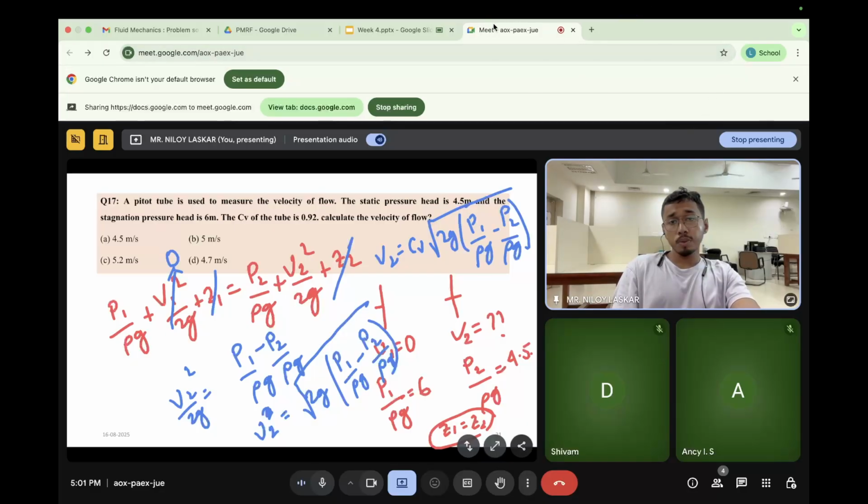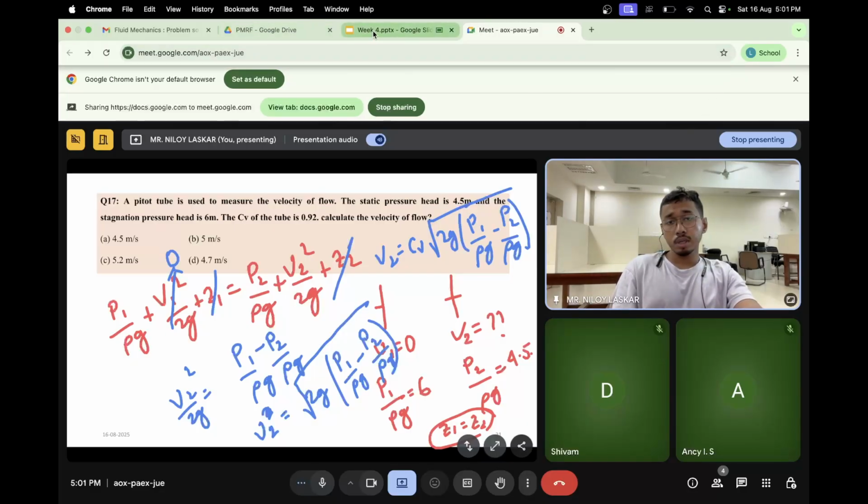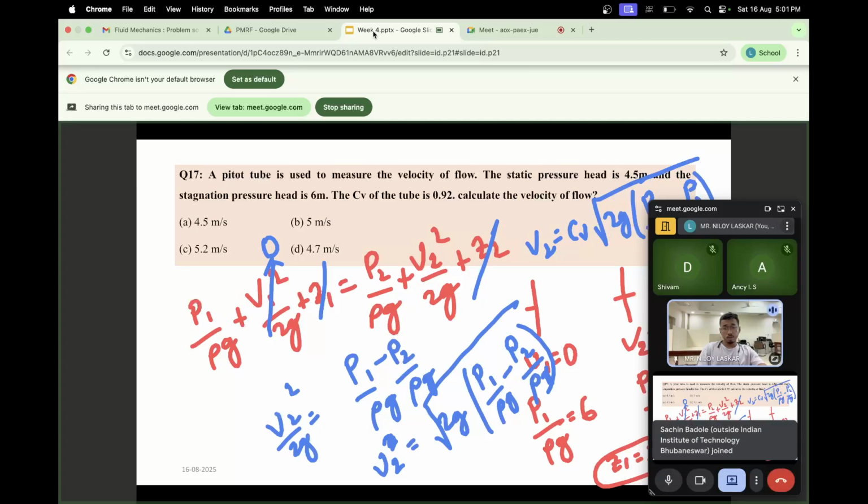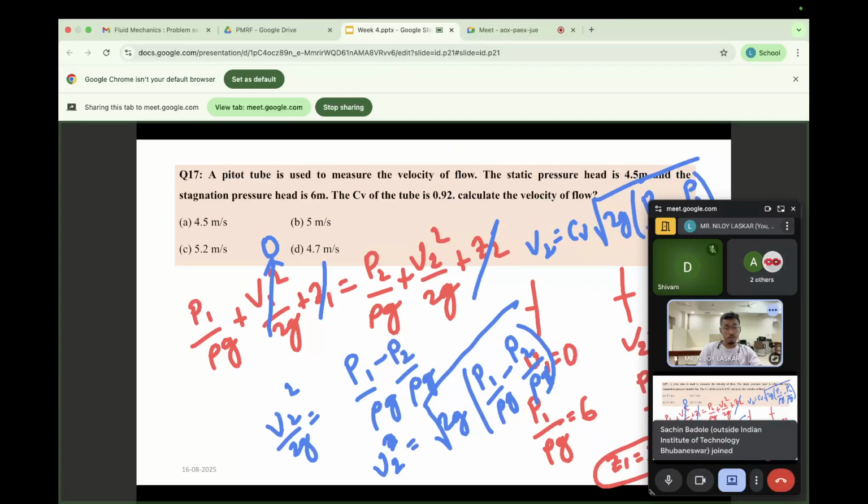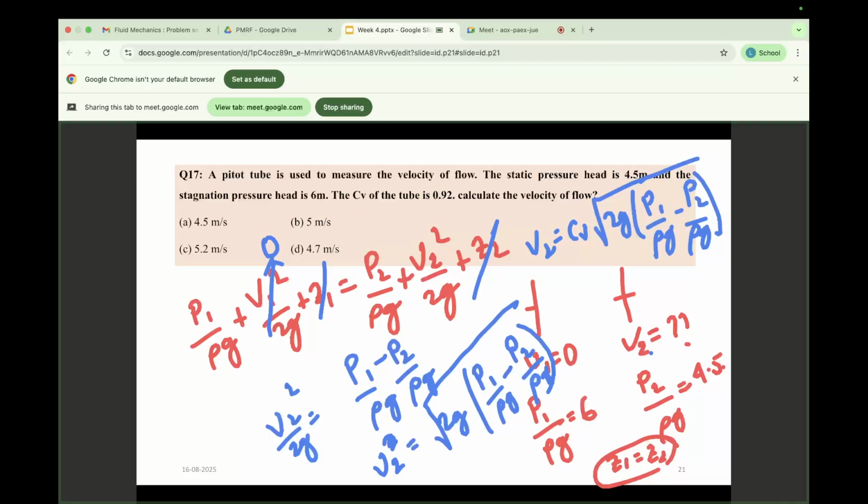Okay, so if you solve this thing, what you will get?